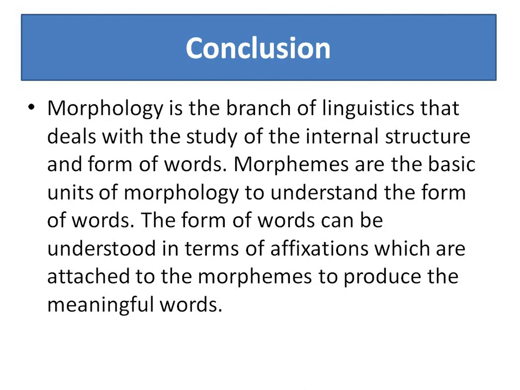The form of words can be understood in terms of affixations, which are attached to the morphemes to produce meaningful words. The affixes are also morphemes, but we have given them different names to understand them separately. So this is all about the first lecture.